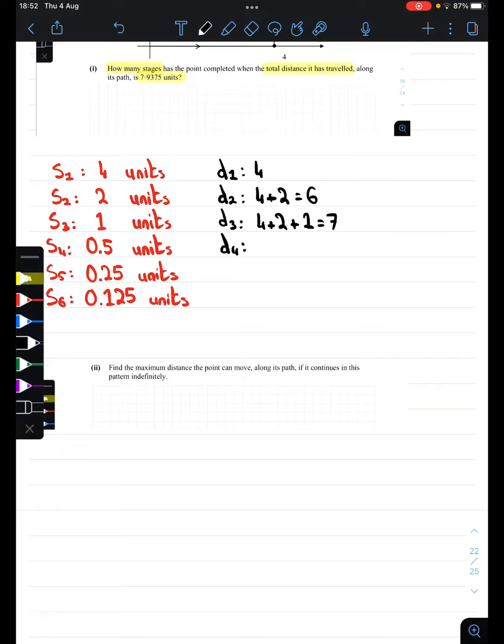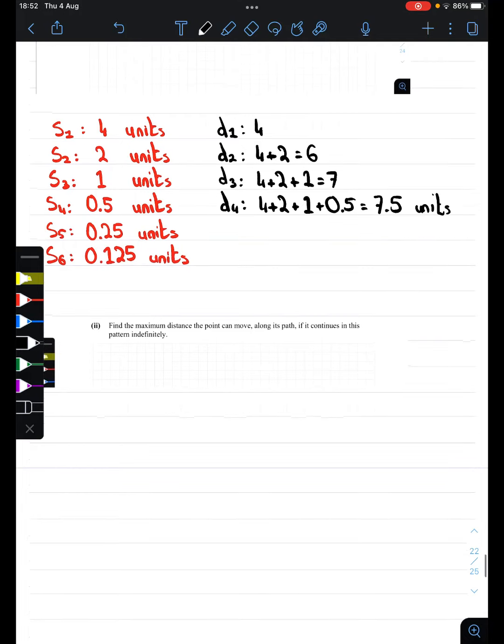After 4 stages, 4 plus 2 plus 1 plus a half equals 7.5 units. After 5 stages, he's traveled 4 plus 2 plus 1 plus a half plus a quarter equals 7.75. Okay, so we're still not there.